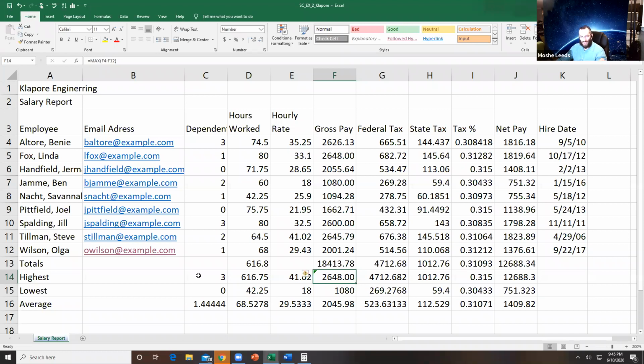And also, it's realizing that this cell is C13, but this cell is F12, still 12. So it picked up that there is a discrepancy between my formula in C14 and my formula in F14. Because according to Excel, it's the exact same formula. It's the maximum formula. So in this scenario, it doesn't help me.